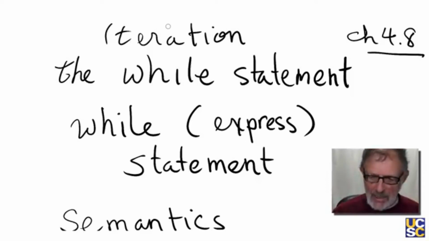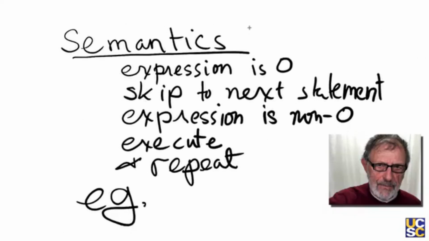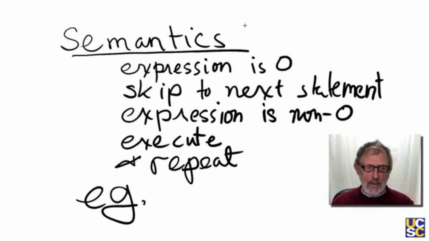Here are the semantics. What we do is we check first to see if the expression is zero. If the expression is zero, the statement is not done. It's omitted, and we just skip to whatever is next.